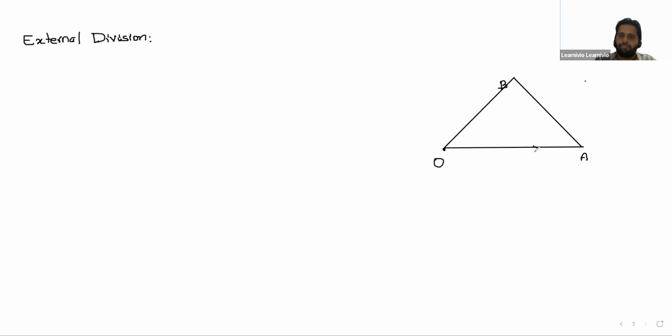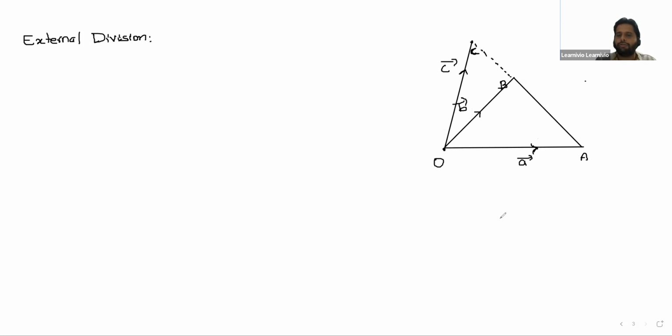This is point A, which has the position vector A, point B having the position vector B. Now you have a point C which lies outside this line. This is C, so this has the position vector C.